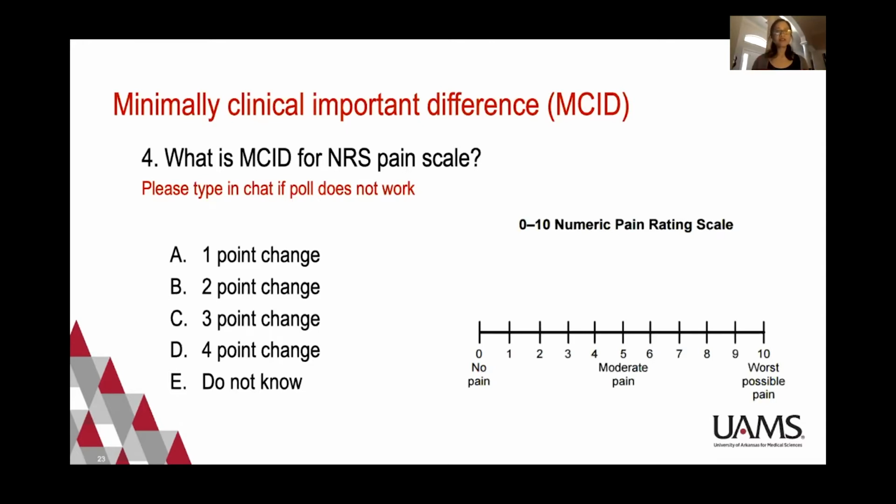So if a patient has changed only 1 point, it means the intervention does not work. So the pain should reduce by 2 points to have clinical significance for the patient, and it can be interpreted that the treatment reached a benefit for the patient.